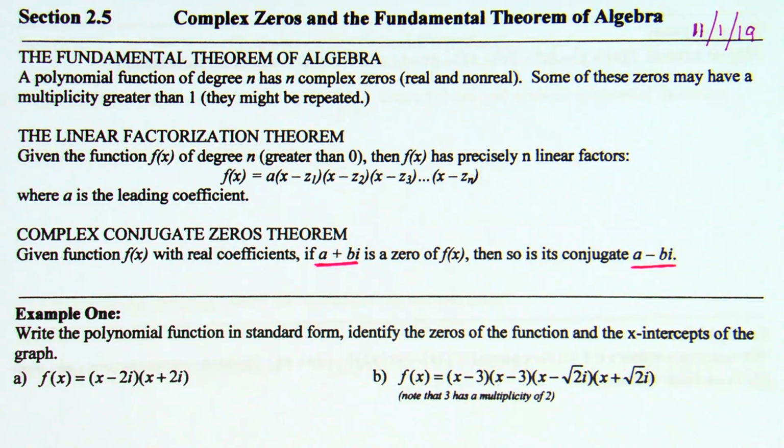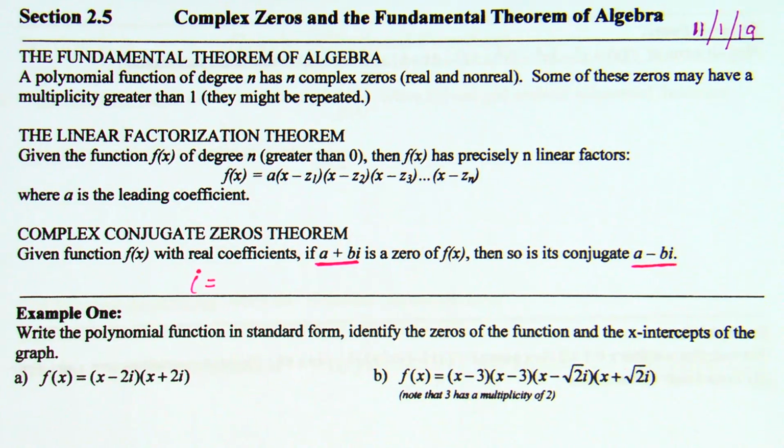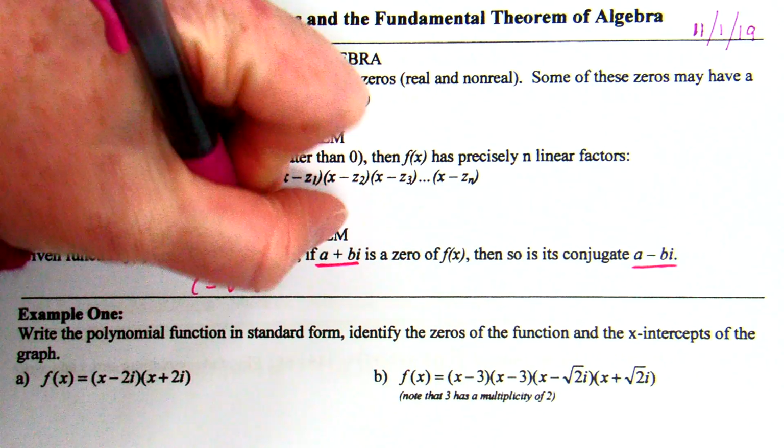Now, before we go into this, let's review. What is i? Negative square root of negative 1. I can't talk. I've been so frustrated today. Okay. i is square root of negative 1. Does that sound familiar?